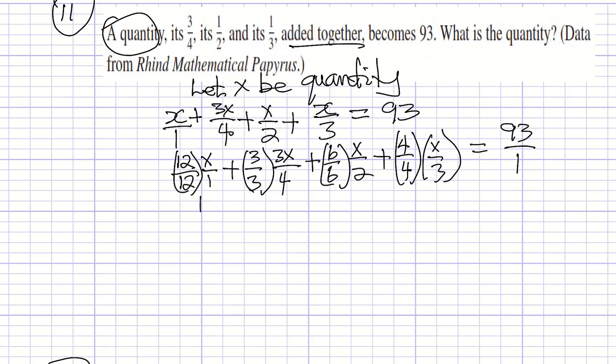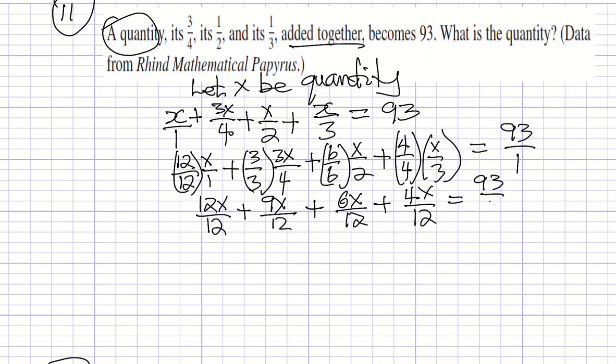It becomes 12x over 12, plus 9x over 12, plus 6x over 12, and 4x over 12 is equal to 93 over 1. You add all that, they will have the same denominator.